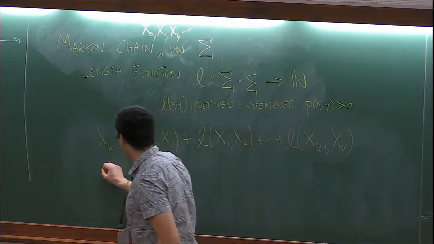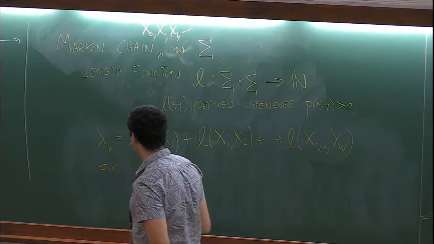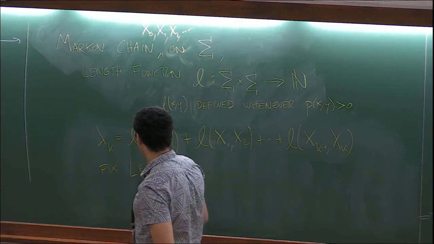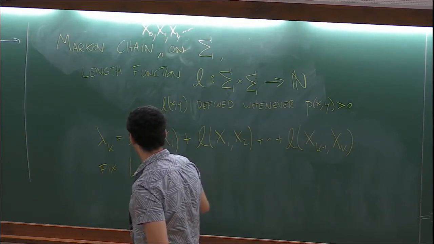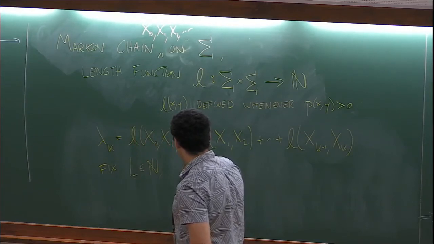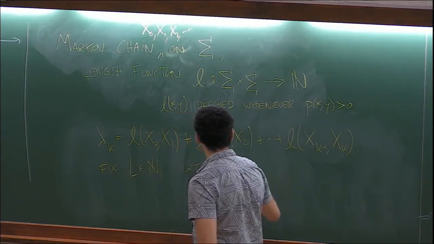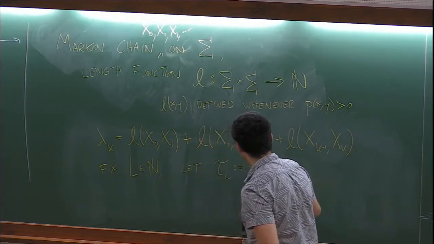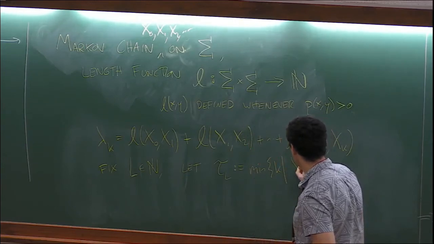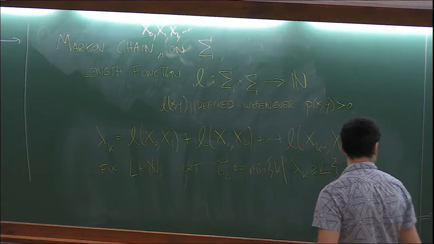So let's pick some big integer, capital L, and let tau L be the first time that my total length traveled is bigger than or equal to L.